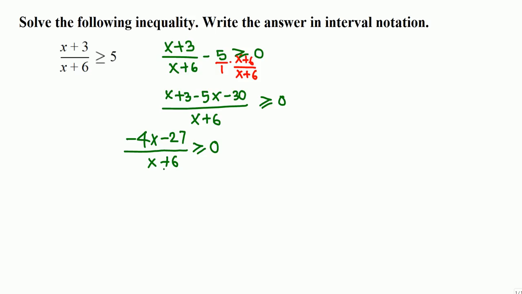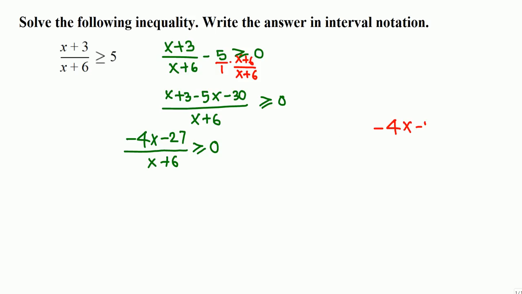Now, we want to find the x values in an interval so that this fraction is bigger than or equal to 0. For that, we find the zeros of the top and the bottom. Let's find the 0 of the top.